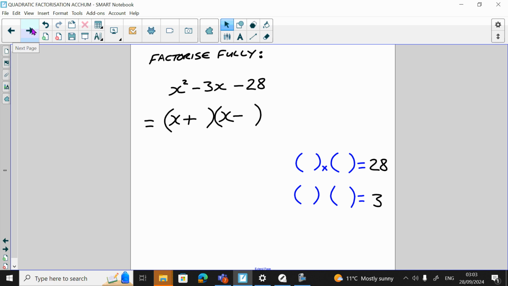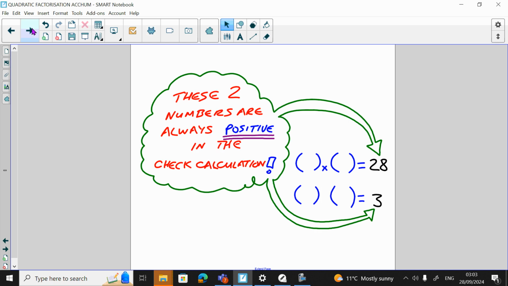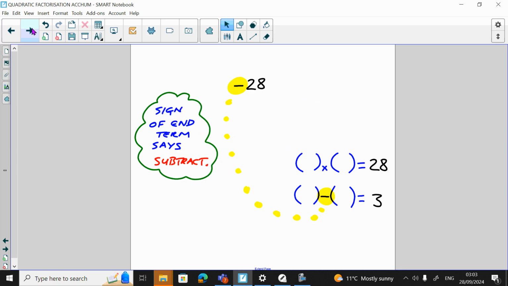Or for both of them. Right. That's what I just said. Here, always positive. Downstairs, the end term was negative, so we interpret that as being a wee minus between the two check numbers on the bottom line.